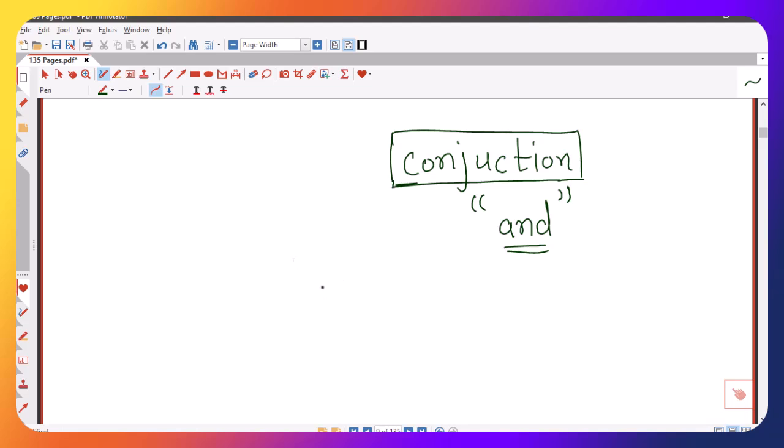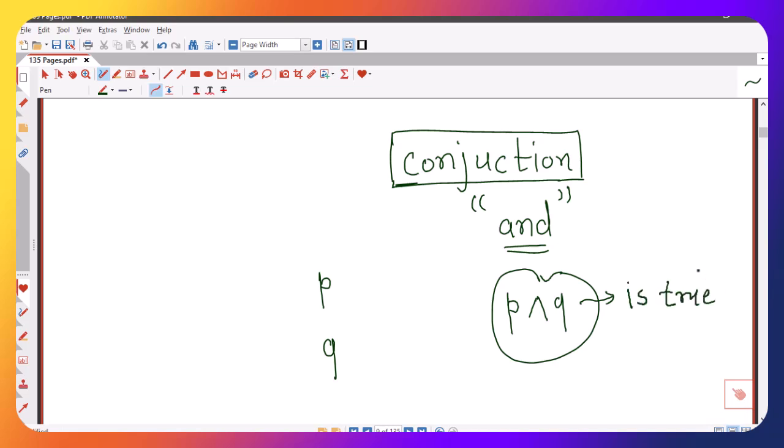Suppose I have two propositions denoted by P and Q, then the conjunction of P and Q is denoted by this notation, and it is defined in this way. This proposition, P and Q, is true, or has truth value T, if both P and Q are true.